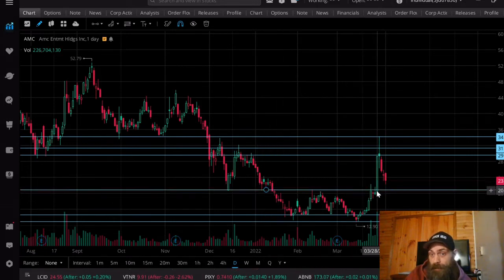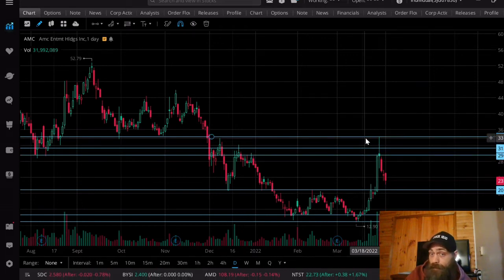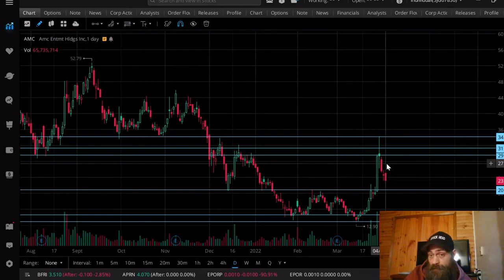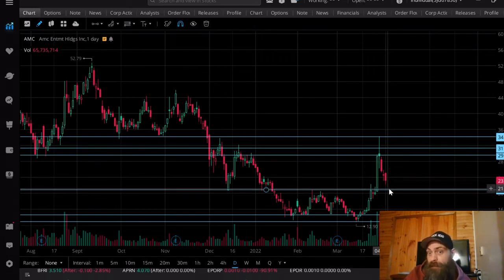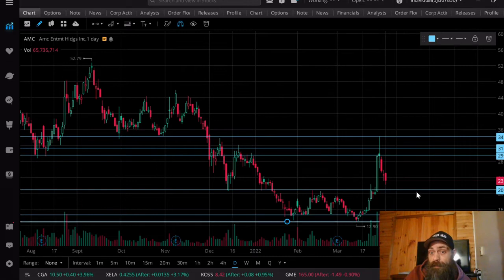I'm sorry. So it's pushed through that line of resistance now, and it's coming up and it's even testing these lines of resistance from previously, back in December here. So most likely it will come back down and test this line of previous resistance, which should now become support. So we could get rid of these lines.